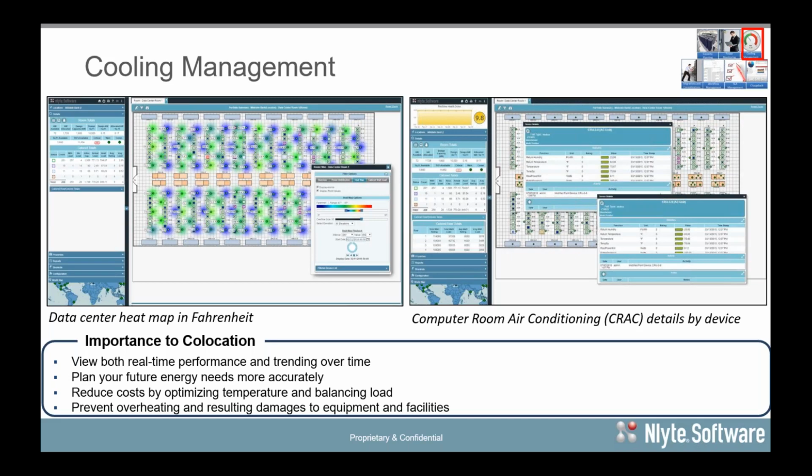So temperature monitoring and raising temperature safely and monitoring what happens is another key essential to make sure that we're not overcooling, right? We have to make sure that the compute power is cool, but we don't want a 60-degree situation where it's just unbearable to walk into the data center.